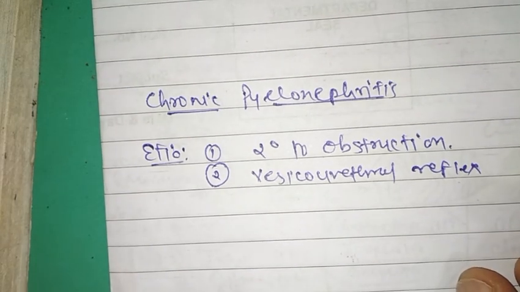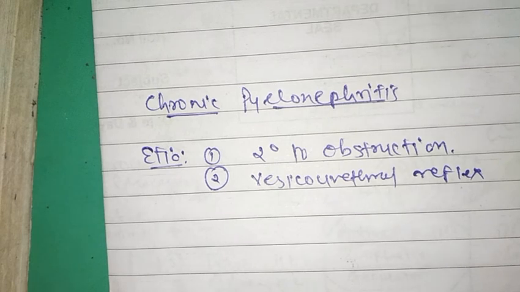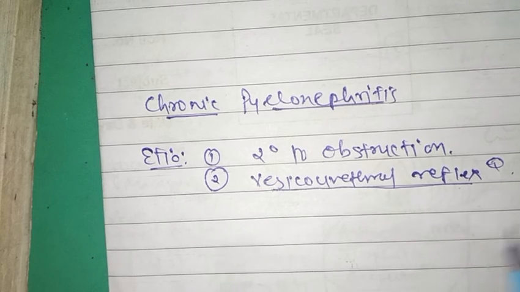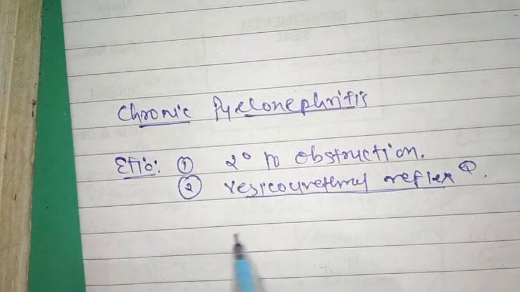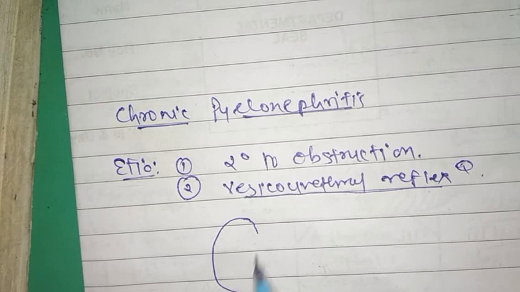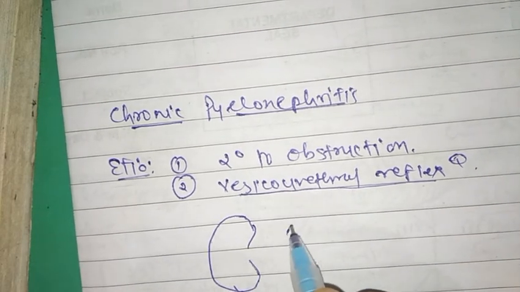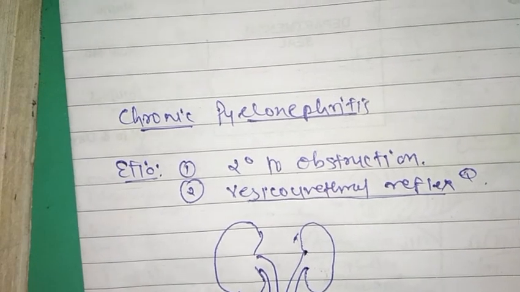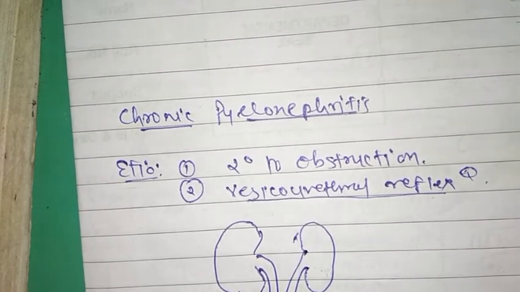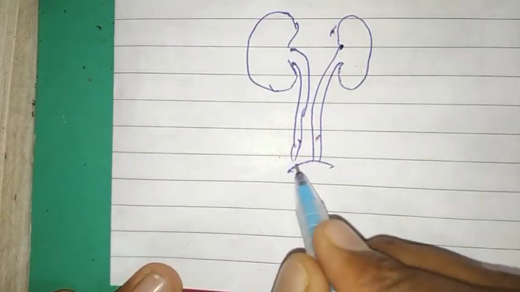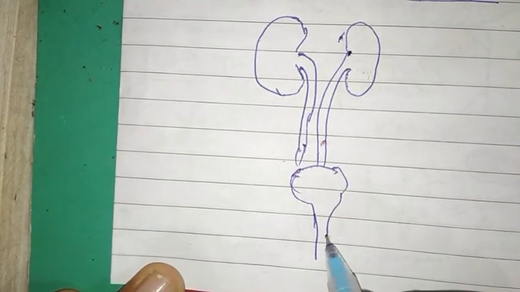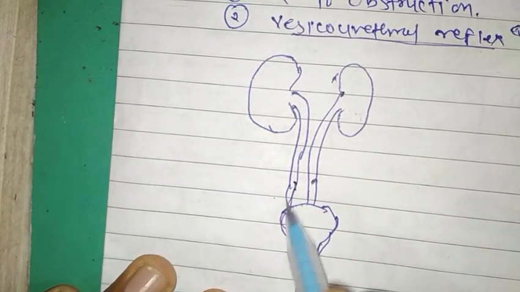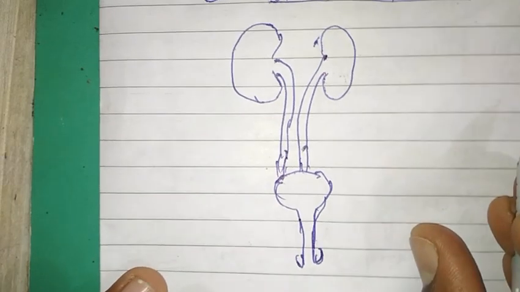So what is vesico-ureteral reflux? Let us say these are the two kidneys, these are the ureters, this is the urinary bladder, and this is the urethra. The obstruction can be caused by any renal calculi.